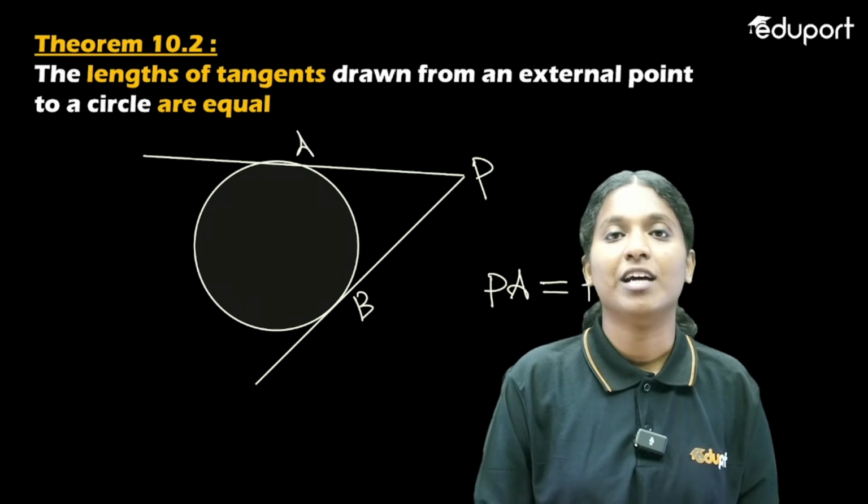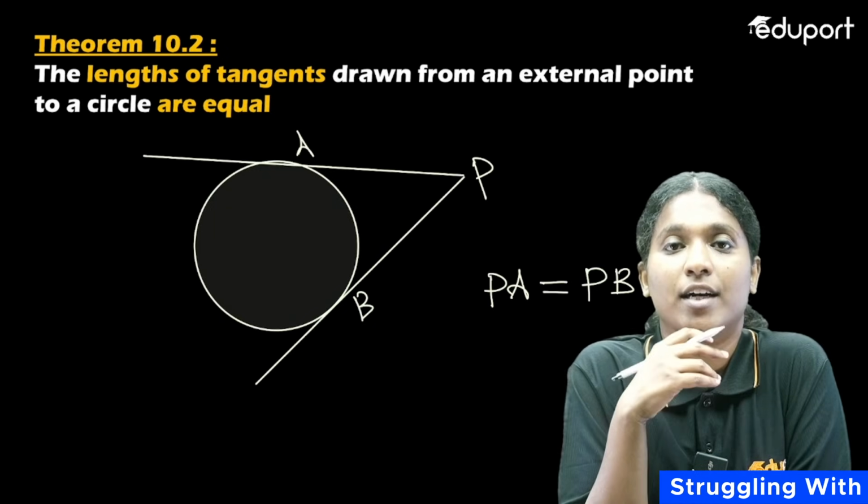Tangents from an external point to the circle are equal. That's the theorem that we have learned second.